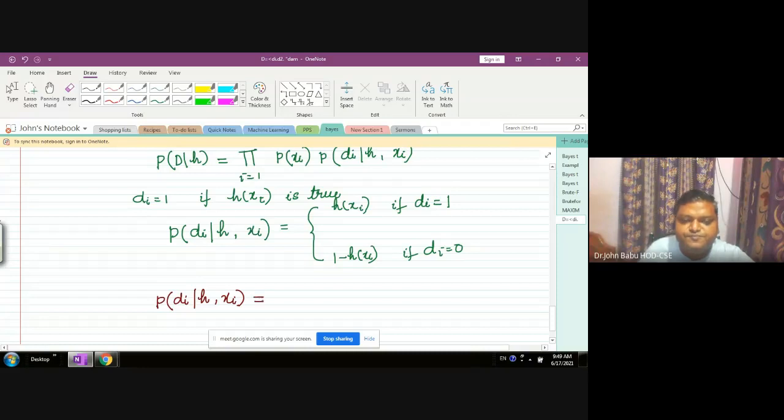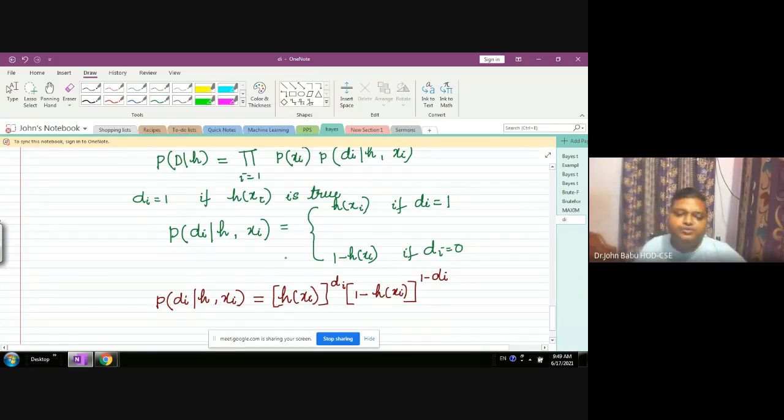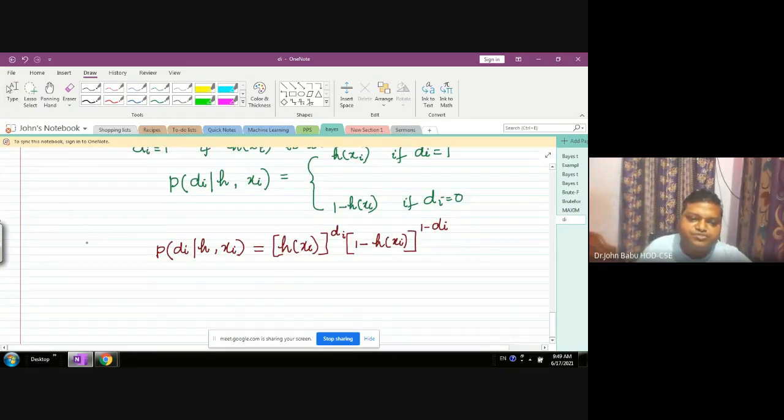The probability is equal to h of xi to the power of di, times 1 minus h of xi to the power of 1 minus di. Now, if di is equal to 1, what does this equation produce? Tell me.